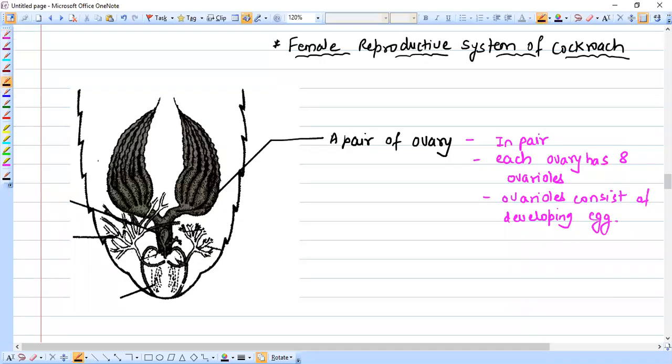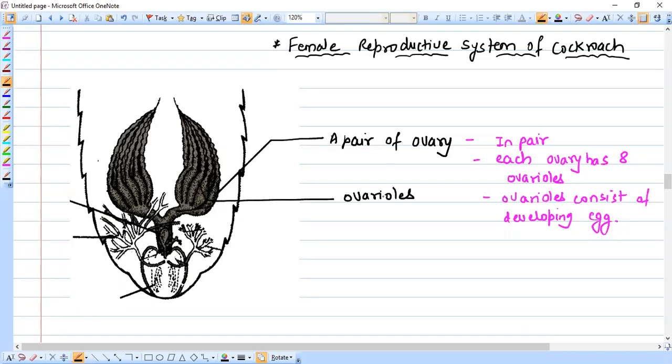So this was the ovary, but these lines that you can see are nothing but the ovarioles. They are considered as ovarioles.